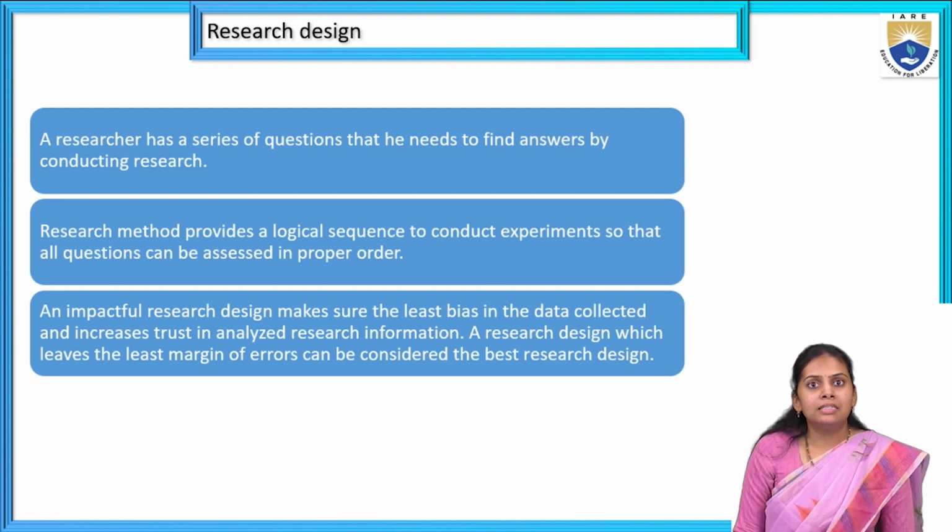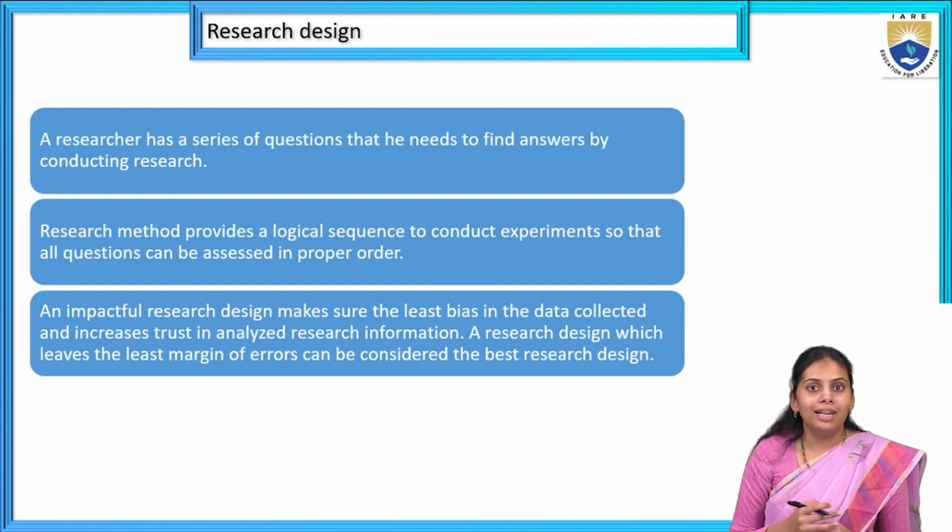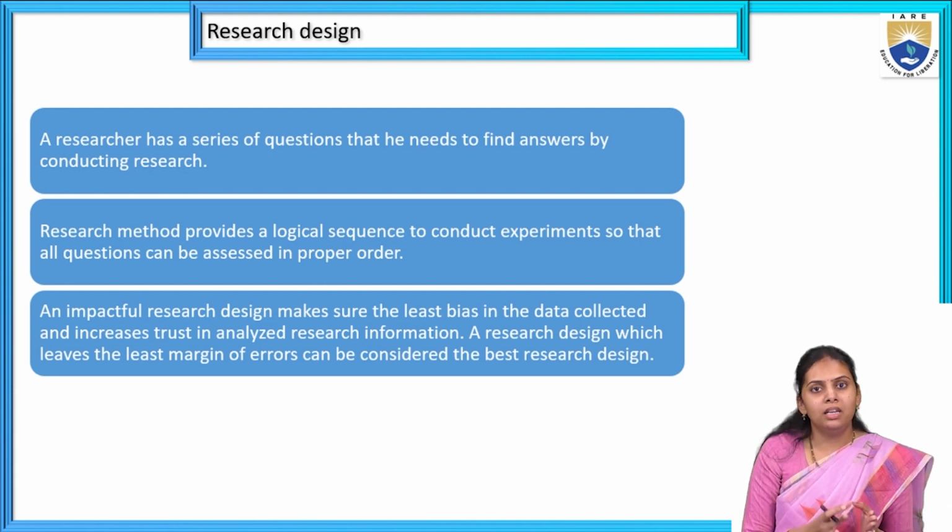In this research design, a researcher has a series of questions that he needs to find answers to while conducting any research, whereas the research method provides a logical sequence to conduct the experiment so that all the questions can be assessed in a proper order.